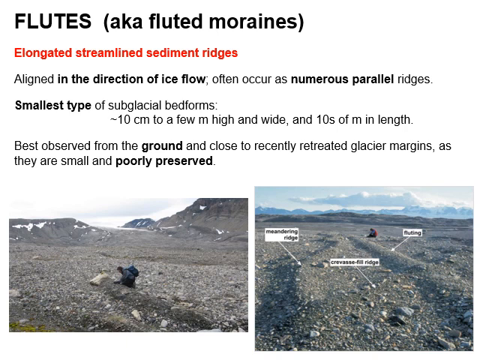The smallest type is a little bit smaller than a drumlin, so maybe tens of centimeters tall, and maybe tens of meters in length. So these are usually not many kilometers long. Therefore, because they're quite a bit smaller, they're best observed from the ground, so it's harder from satellite imagery or from air photos to see these.